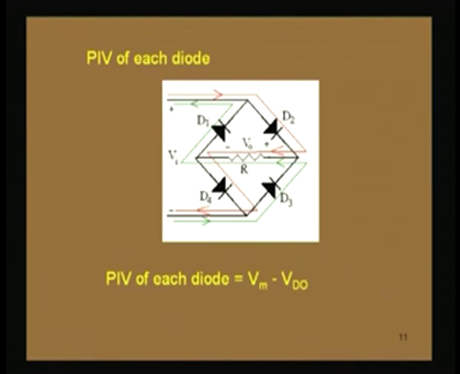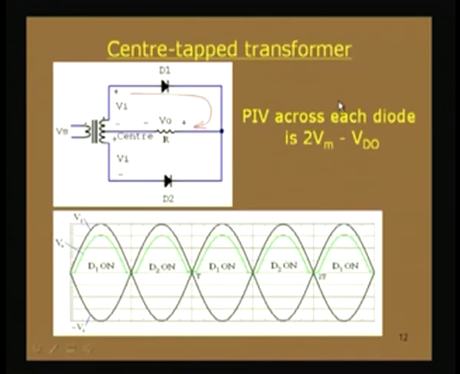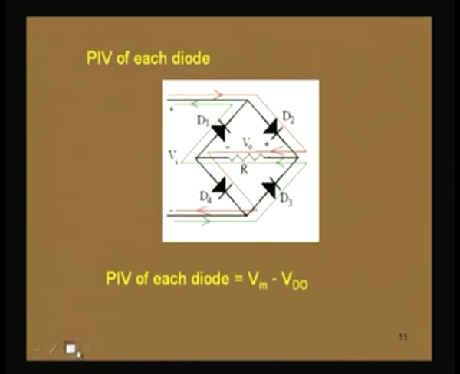Now, here also we are not near to a constant DC voltage even now, because what we are getting is a pulsating DC voltage, like this.